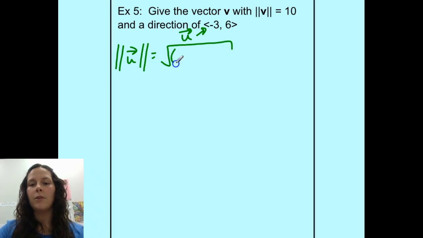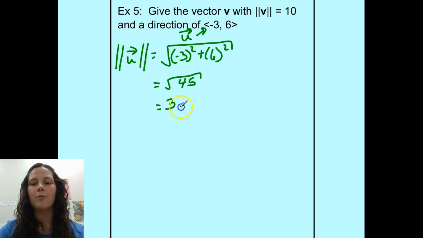Distance formula again, we get to simply square each component of our vector and add them together. This gives us a magnitude of the square root of 9 plus 36, which is 45. 45 can be simplified because 9 is a perfect square factor. Square root of 9 gives us 3, and 9 times 5 gives us 45, so that 5 is left over.